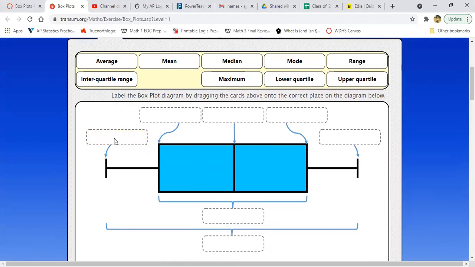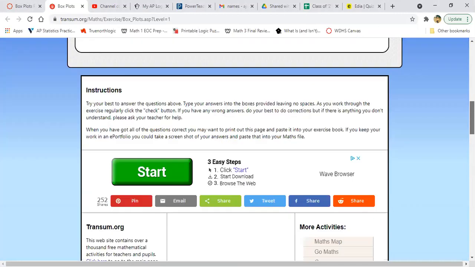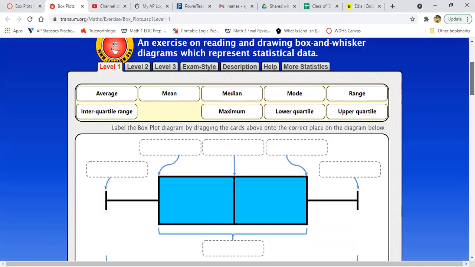You got it? So just drag it. All right, so what do you do for me? Once you get them all filled in, so like if I put this one here, y'all see what I'm saying?